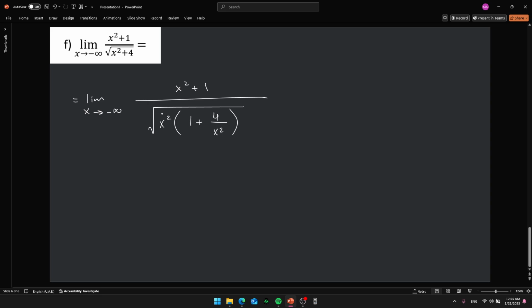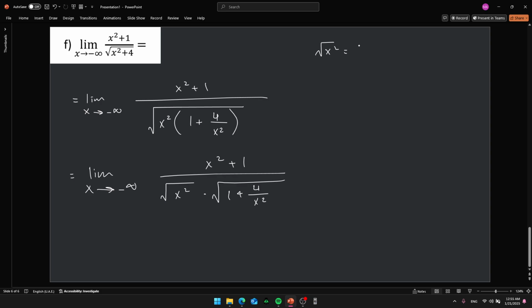Now we have two terms multiplied by each other under a square root, so we can split the square root on these two terms, plus 1, so root of x squared times root of 1 plus 4 over x squared. Now, as I said before, root of x squared equals the absolute value of x.